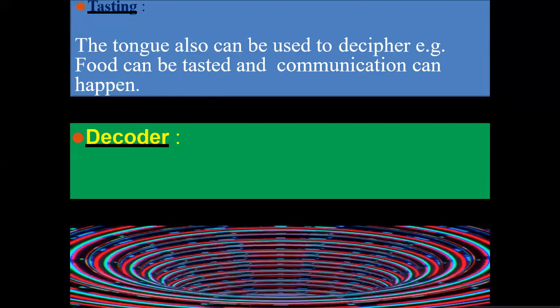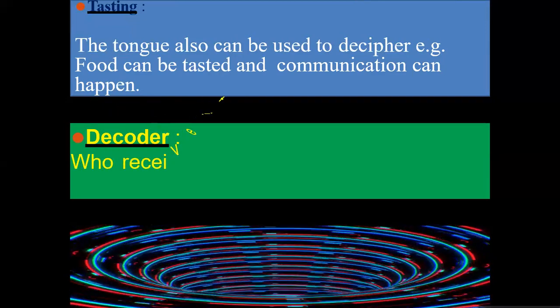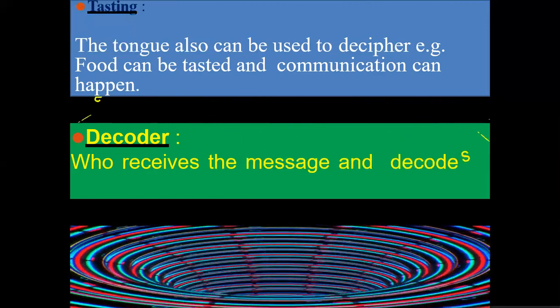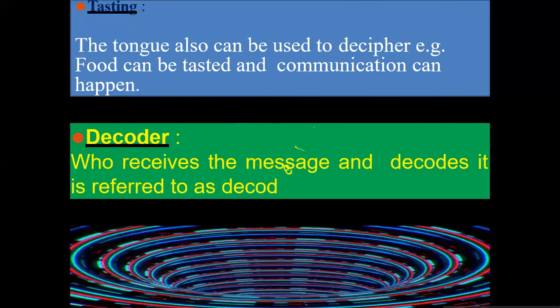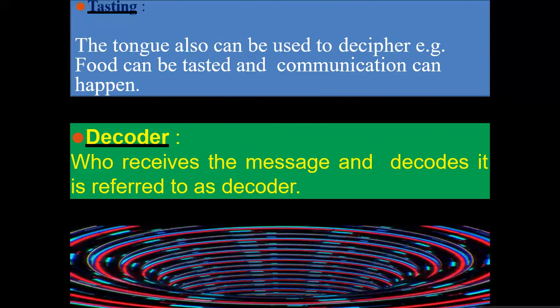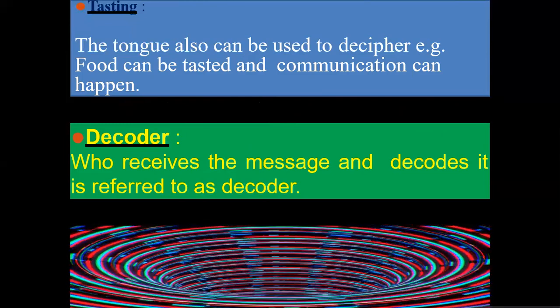Decoder, the point decoder: who receives the message and decodes it is referred to as a decoder. Now, the point receiver. We will learn about the respective information about it.